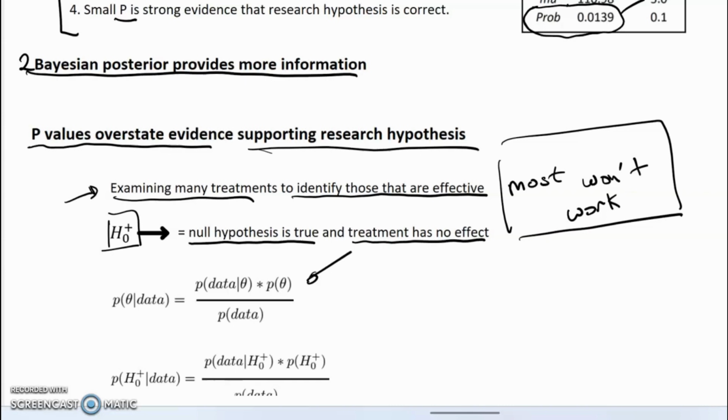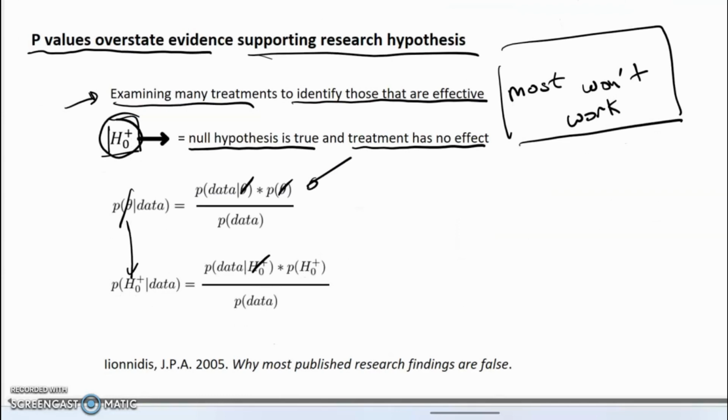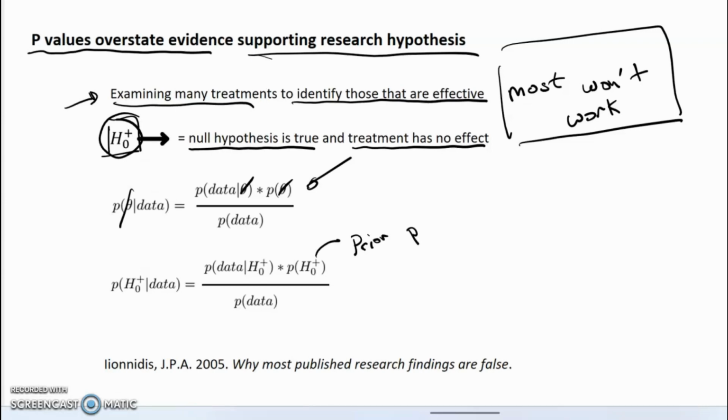Now we're going to look at Bayes' theorem, of course, and we're going to take this thing H0 plus and substitute it for theta. So we substitute it there, there, there, there, there. And what do we have here? This is going to be the prior probability that the null hypothesis is true, the prior probability of no useful effect, or we'll just call it no effect.